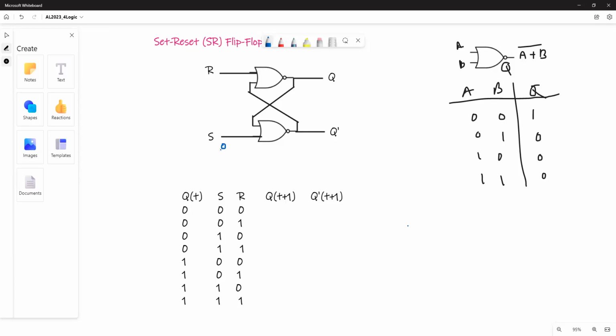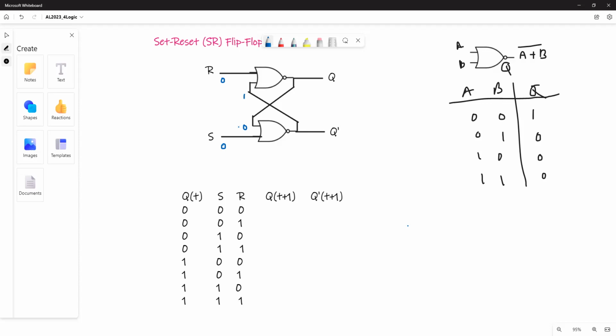So S is 0, R is 0, and then we say Q is 0, the previous Q. That means this one is 0. So what is Q bar then? If Qt is 0, what is Q bar t, the value here? It should be 1, right?